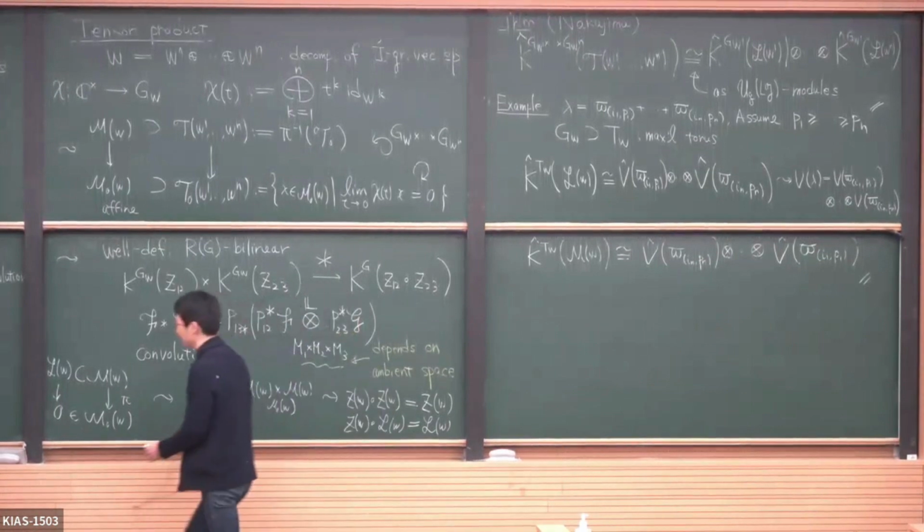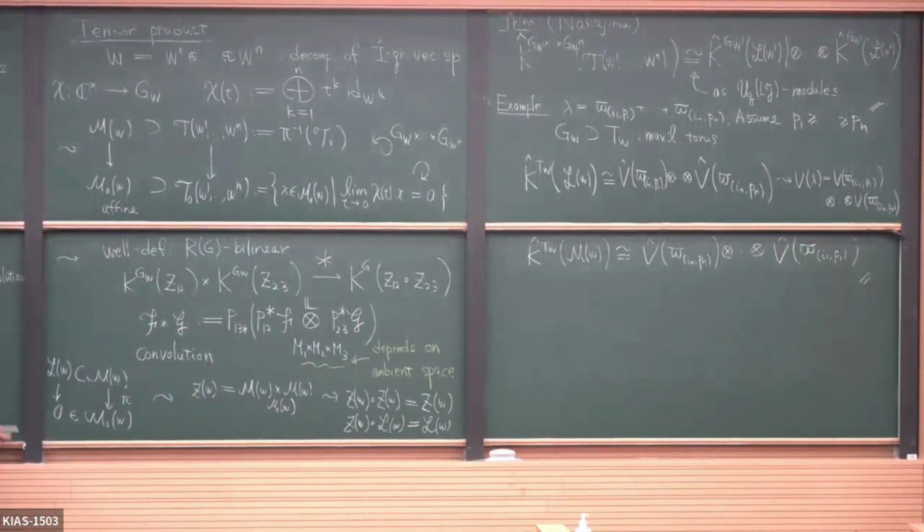So this is the next topic: relation to D^b(Q). So D^b(Q) is a symbol for the derived category of representations of Q, and Q is a Dynkin quiver.